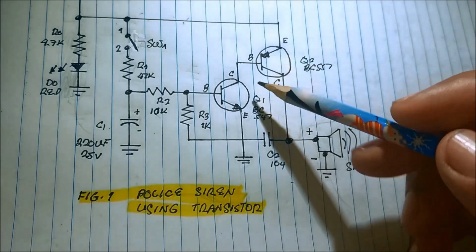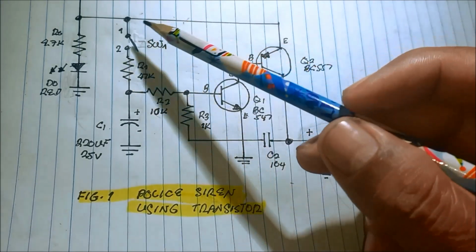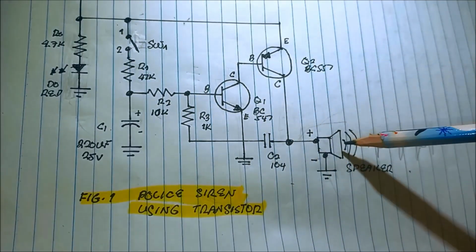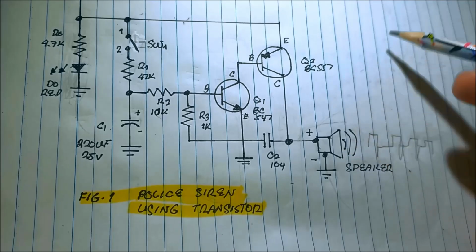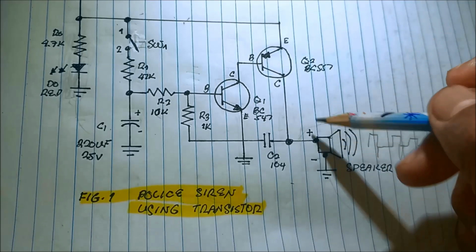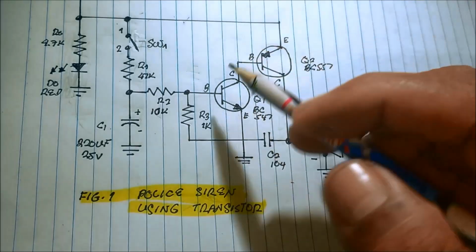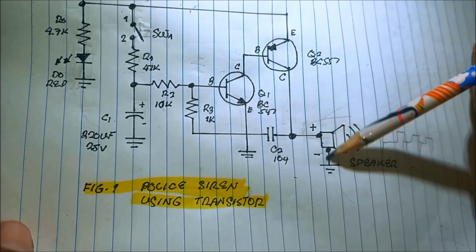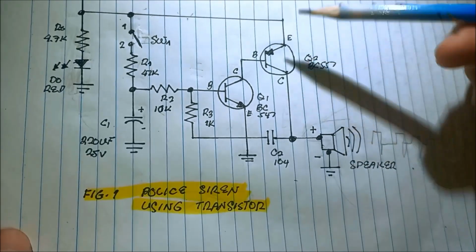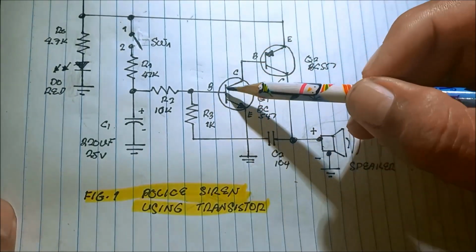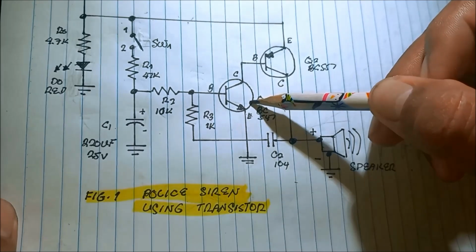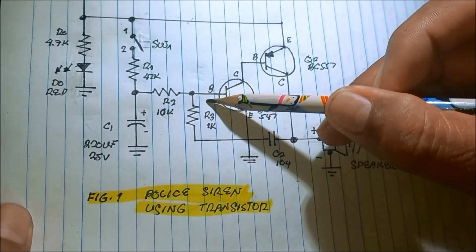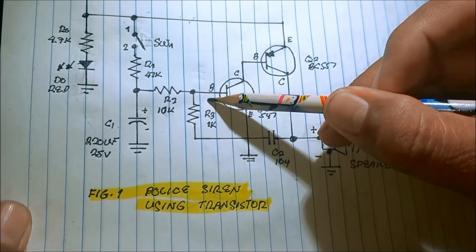So how does this circuit work? We may hear the police siren whenever there is a current that flows into the speaker. It is only possible when this transistor turns on, if there's a base voltage or base current here.